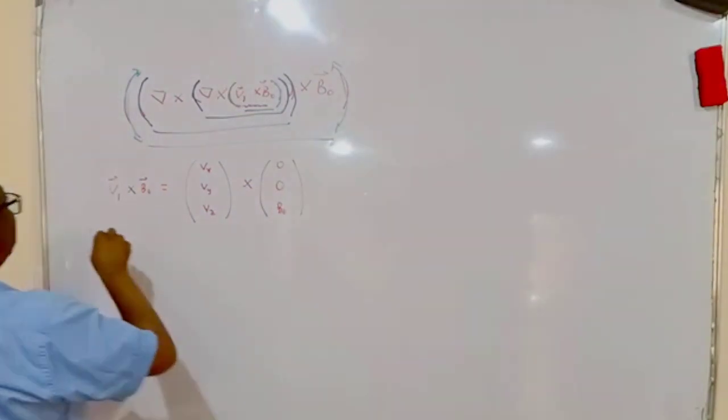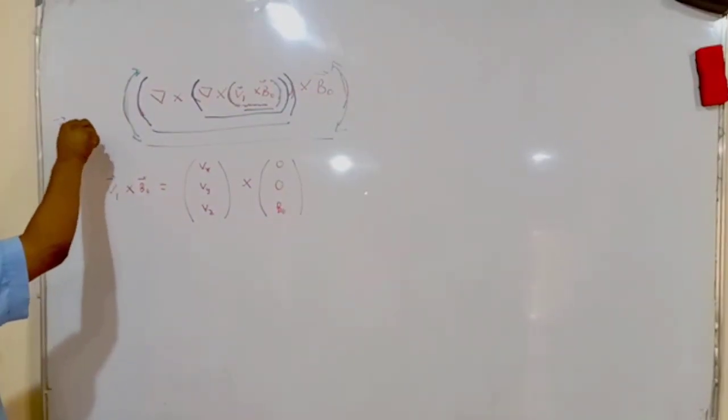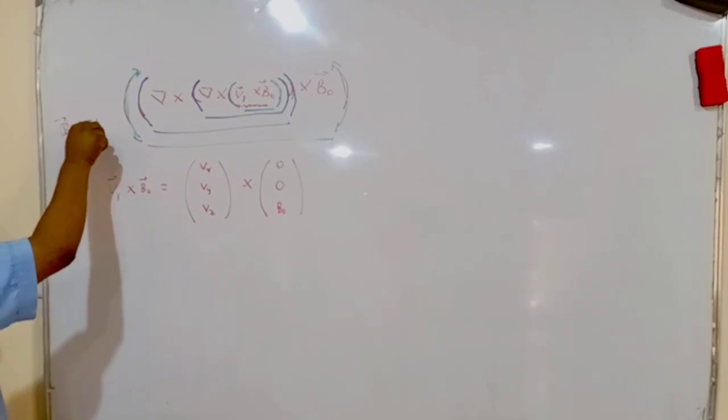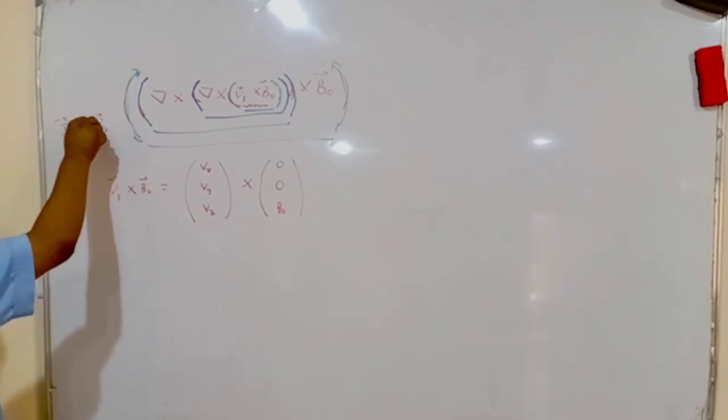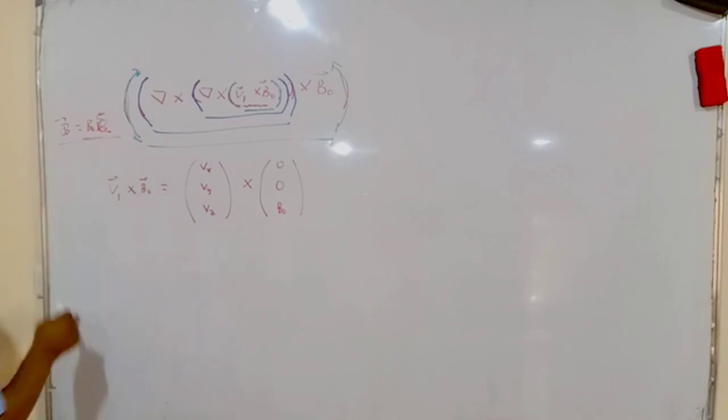Now you see, when you have this, you know it is equal to the magnitude B0 multiplied by what? The B0 unit vector, okay?